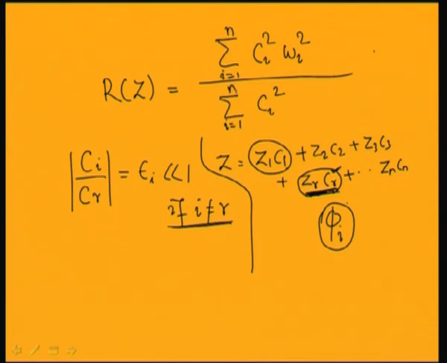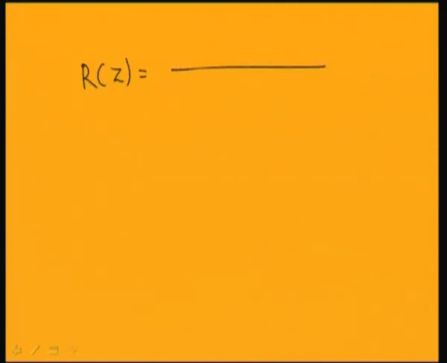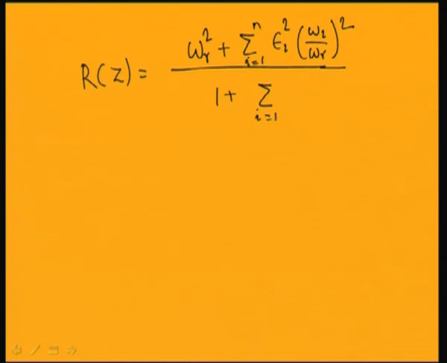Now dividing this by Cr square, I can write this equal to omega r square plus summation i equal to 1 to n of epsilon i square into omega i by omega r square, divided by 1 plus summation i equal to 1 to n of epsilon i square.